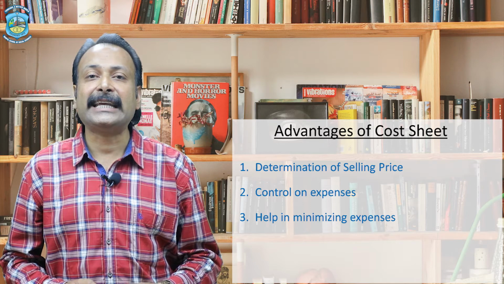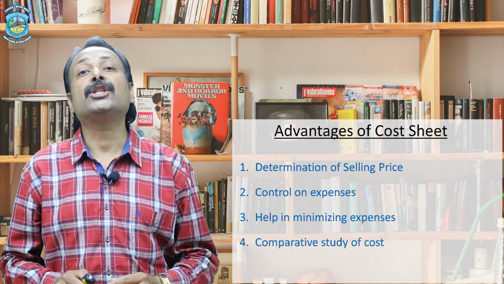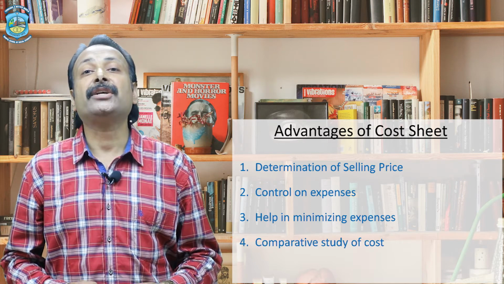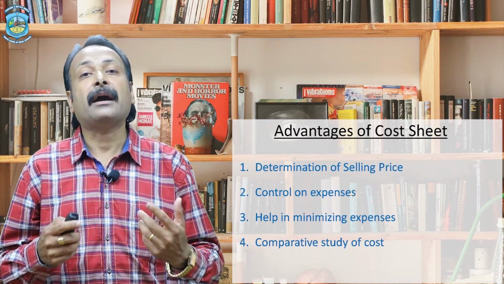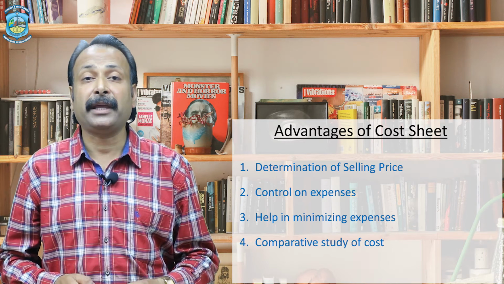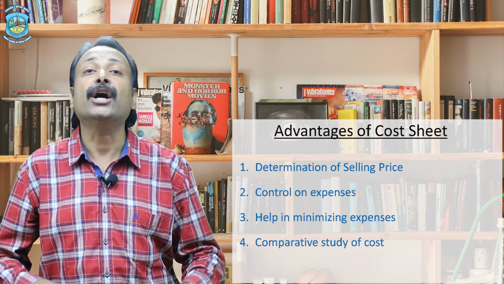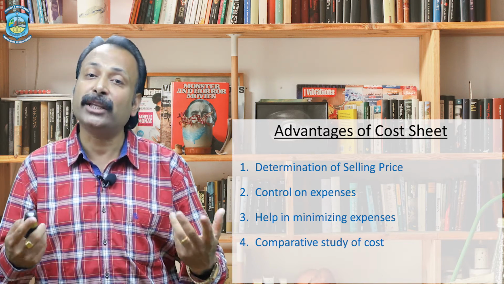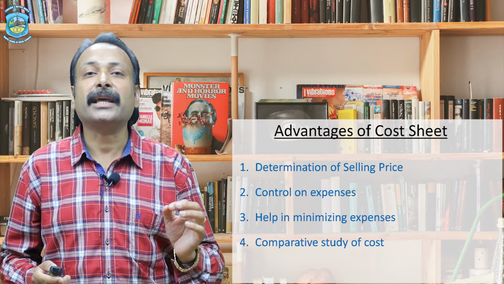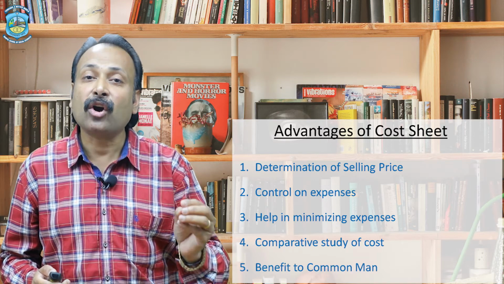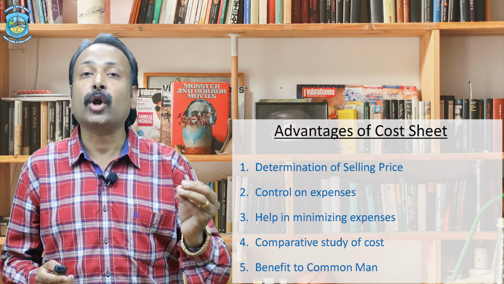The fourth advantage is comparison between two time periods, comparison between two different products, comparison between two different companies. Here I am taking only two, but we can add more companies and more products; it can be more than two. The last and the most important advantage is for a common man, a customer or consumer.